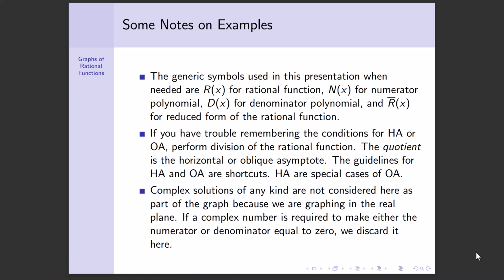So you may think of horizontal asymptotes as a very, very special case of the oblique asymptote. And finally, complex solutions of any kind are not considered here as part of the graph because we are graphing in the real plane. If a complex number is required to make either the numerator or denominator equal to 0, we discard it here.